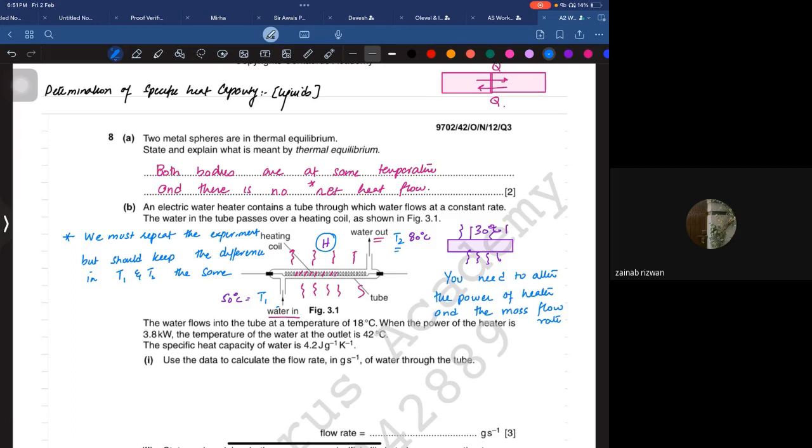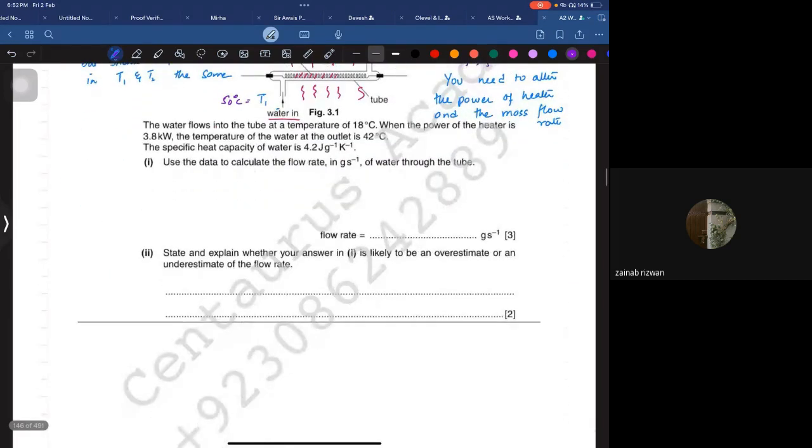Now, why do we need this? Because if you do it two times and you subtract those equations, the heat loss will be subtracted as well. So let me just write an equation here so you guys understand this pretty well.